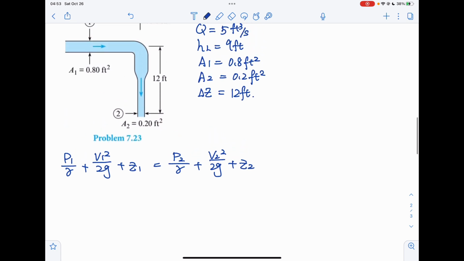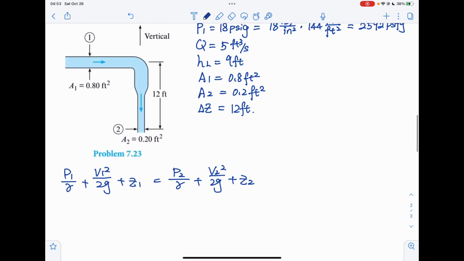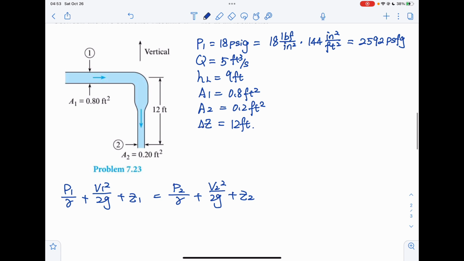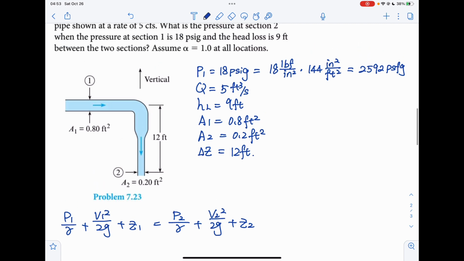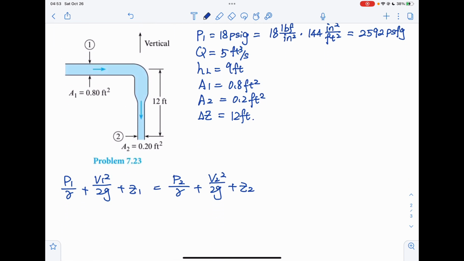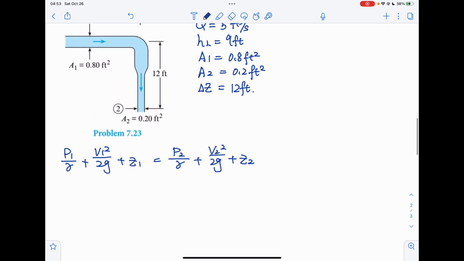Okay, so apparently we know the P1 and Z1 is 12 feet, Z2 is 0, and we're still missing the velocity for section 1 and 2.